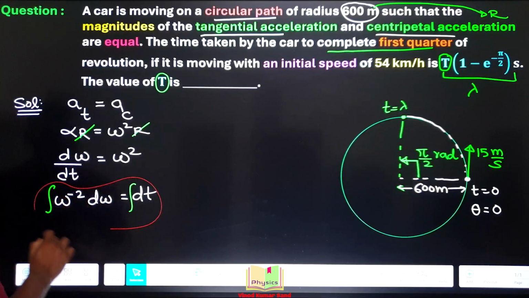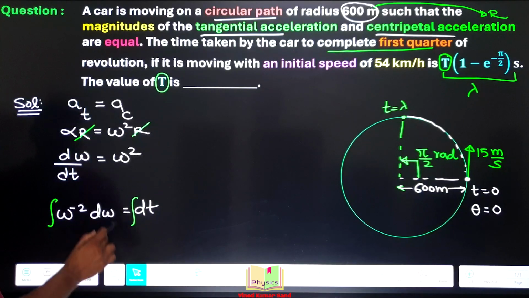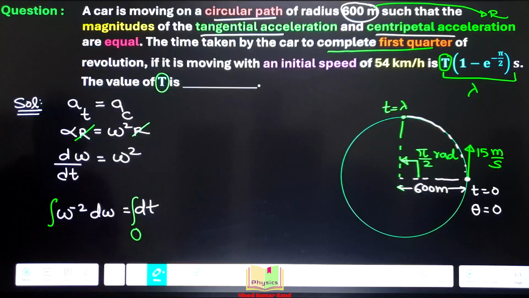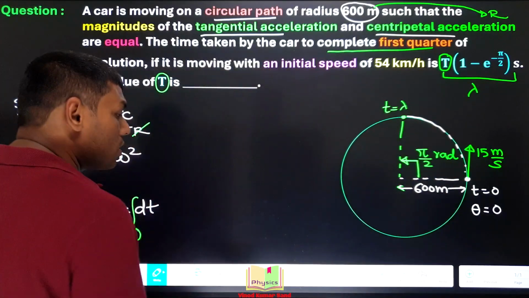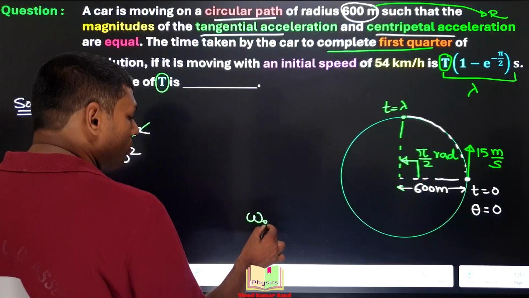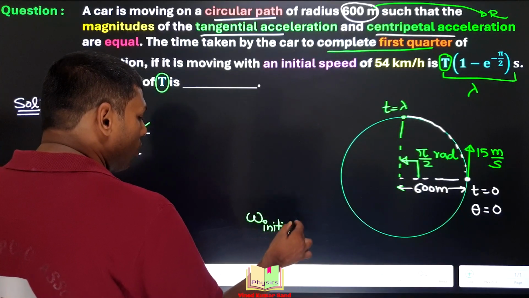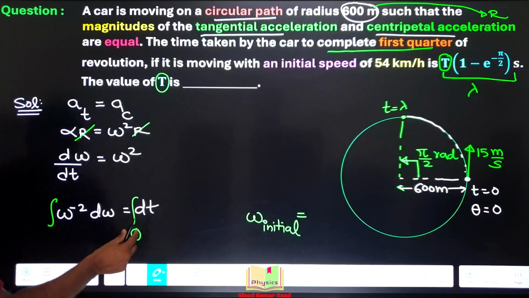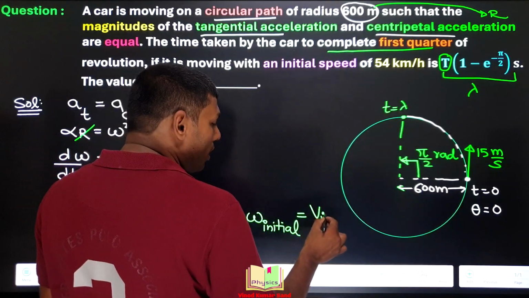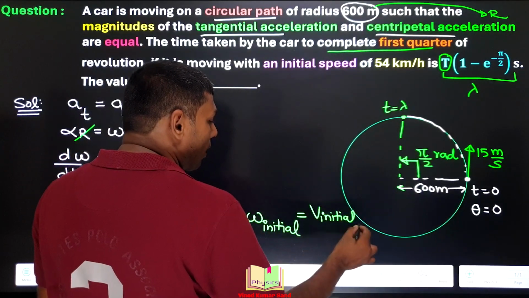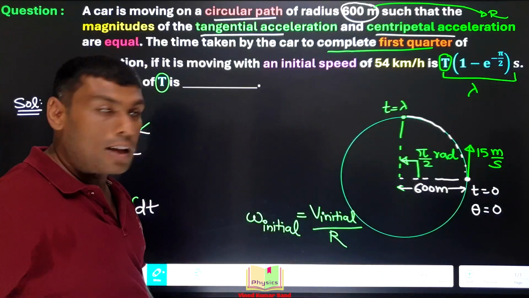To put up the limits, let's have a look again at the language of the question. t is equal to 0 is this moment. At this moment, how much is the omega initial? The initial angular speed is required here. At t is equal to 0, we require the omega initial. Omega initial would be v initial divided by the radius of the circle.